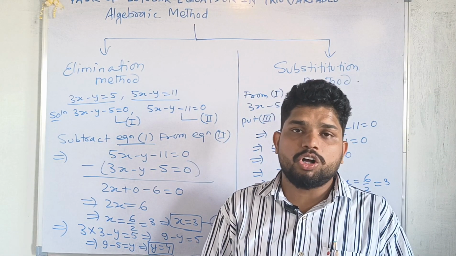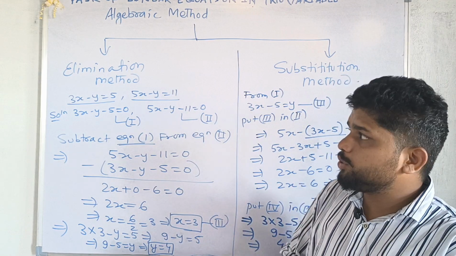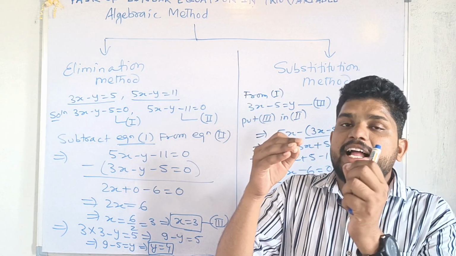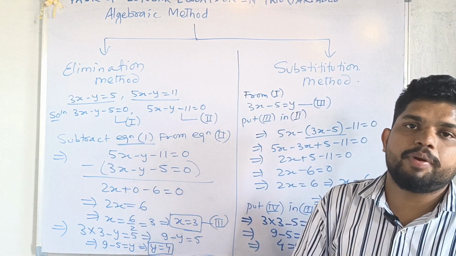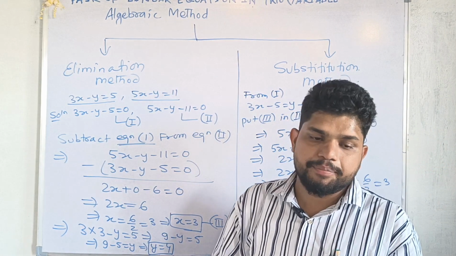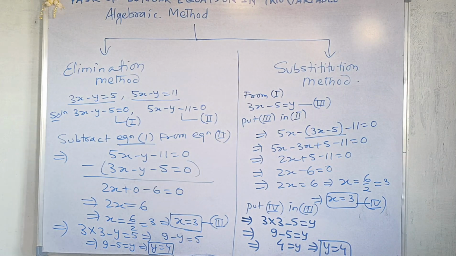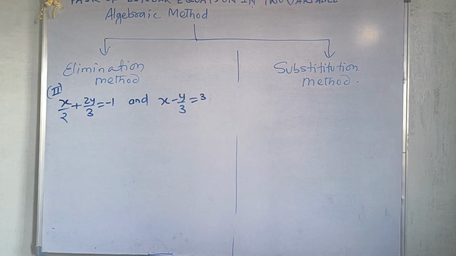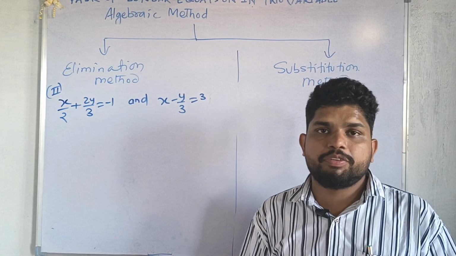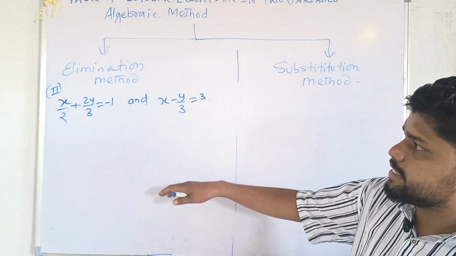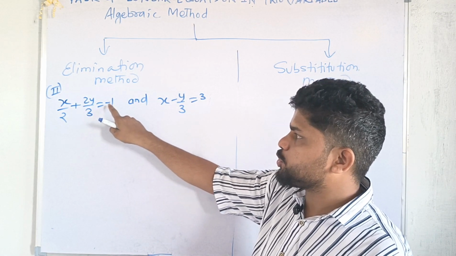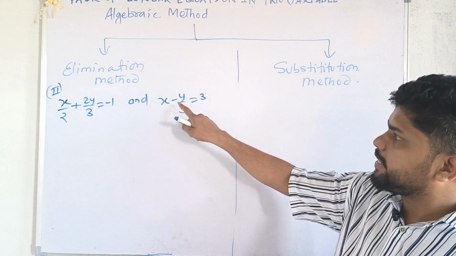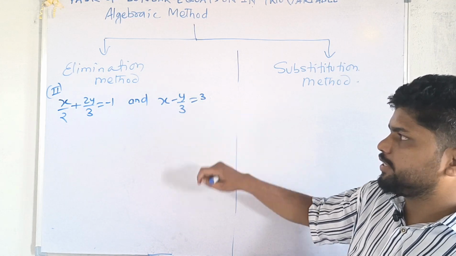Dear students, you can solve more questions related to the algebra method for solving any pair of linear equations. Okay. Now one more question that I have given you to solve: x by 2 plus 2y by 3 is equal to minus 1 and x minus y by 3 is equal to 3.